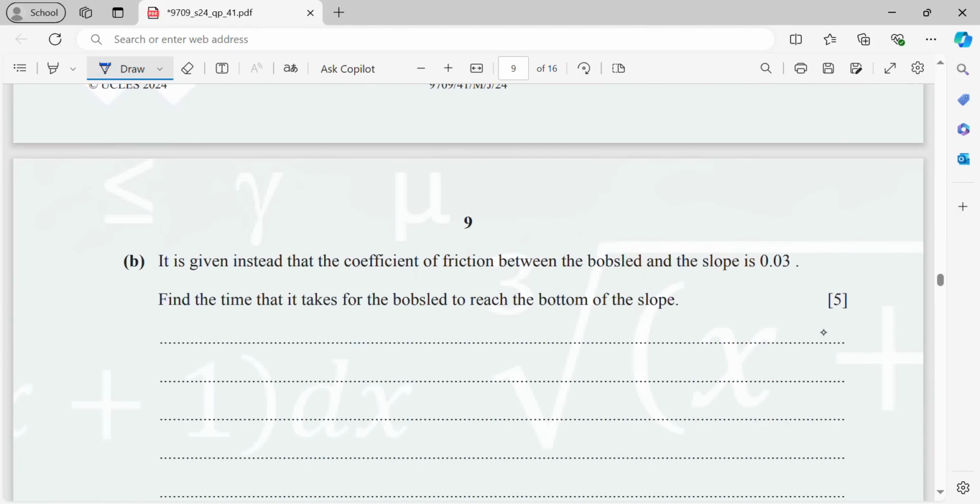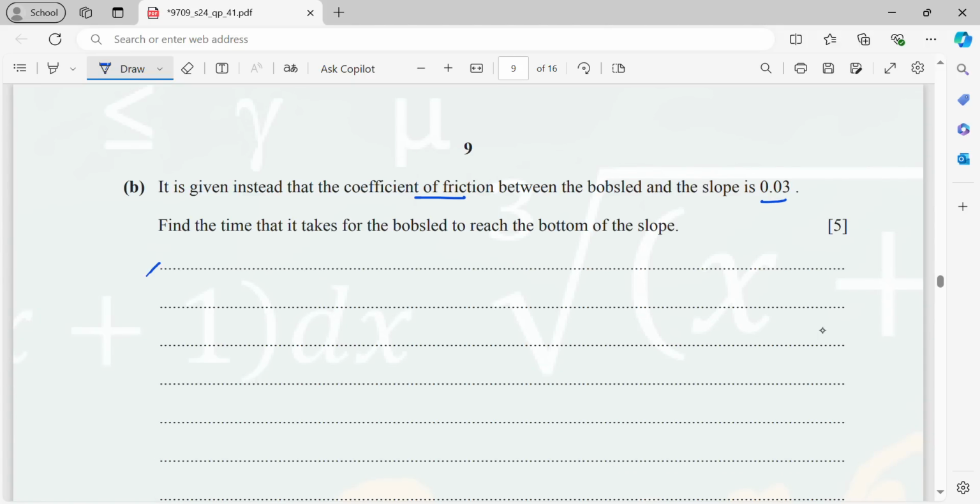Now part B is given instead: the coefficient of friction between the bobsled and the slope is 0.03. Find the time it takes to reach the bottom of the slope. Now you have friction, right? That means the plane is rough.